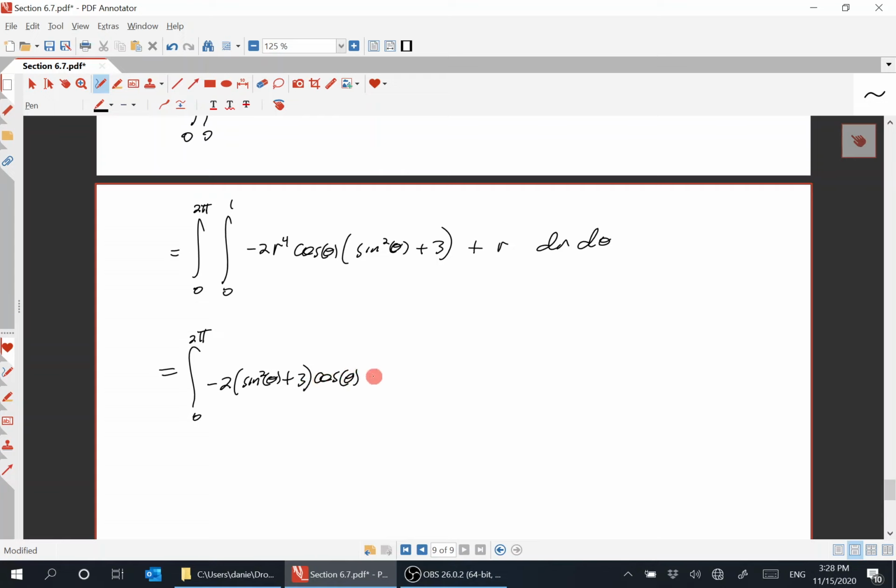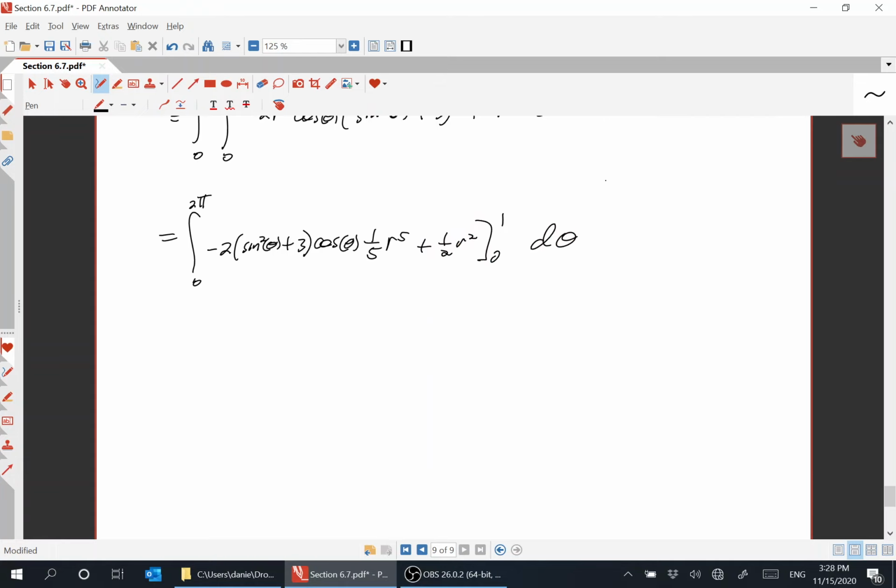And then here's the r to the fourth, 1/5 r to the fifth, plus 1/2 r squared from 0 to 1 d theta. So this is equal to the integral from 0 to 2 pi of minus 2/5 sine squared theta plus 3 times cosine theta over 5 plus, then this is just a half, d theta.